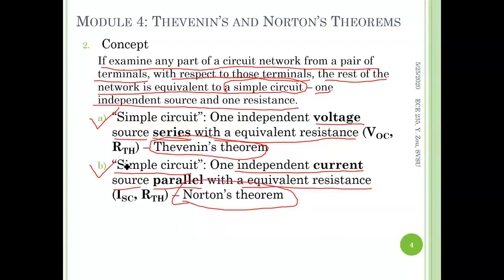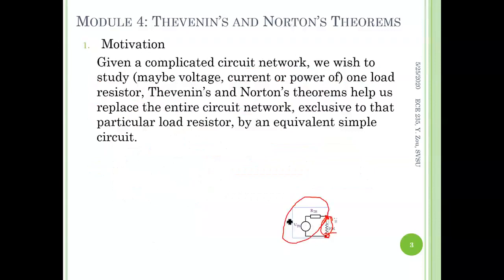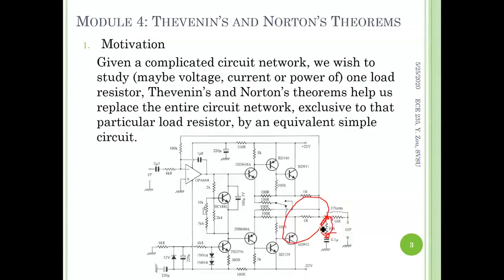It's not surprising that option A and option B are equivalent to each other, since both are equivalent to the given original circuit. However, be careful. The given original circuit includes this resistor, and Thevenin's and Norton's theorems replace all of the rest of the circuit, exclusive of this resistor.